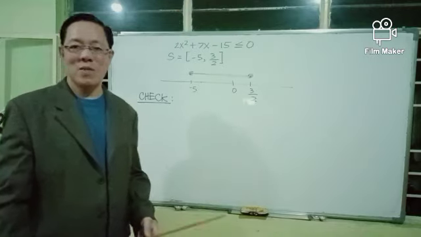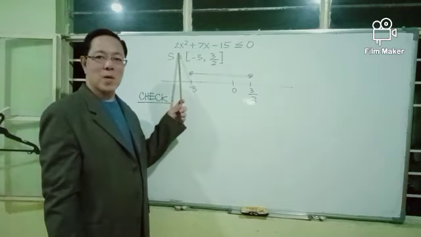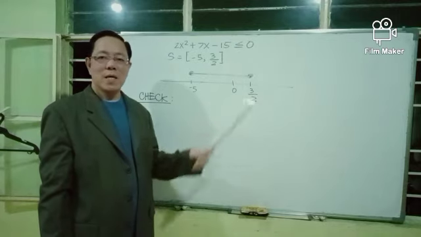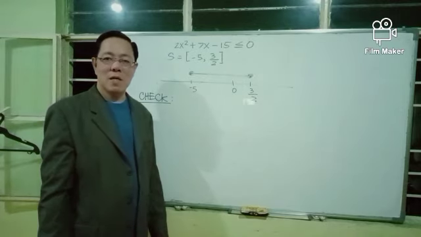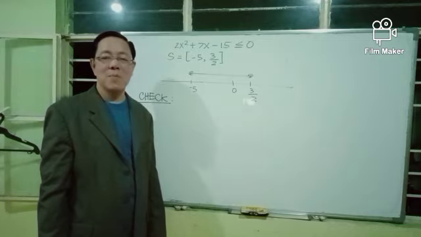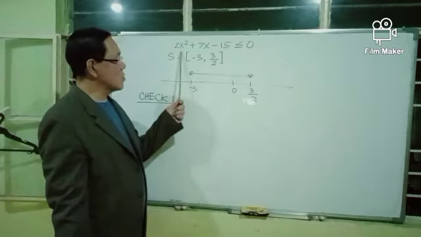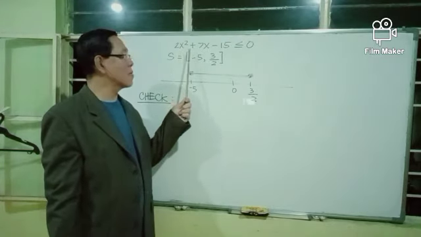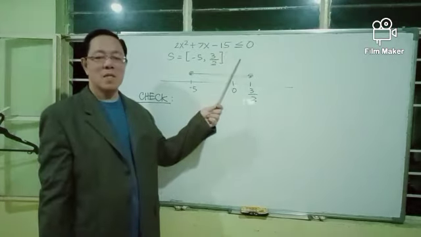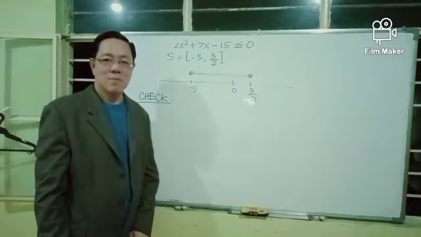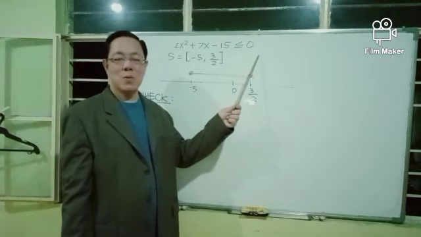Again, the given quadratic inequality is 2x squared plus 7x minus 15 less than or equal to 0. And we consider two cases because there are two cases by which the product of two real numbers can be negative. In the solution, we first factored the quadratic expression 2x squared plus 7x minus 15, and we obtained the product of two factors that should be less than or equal to 0.